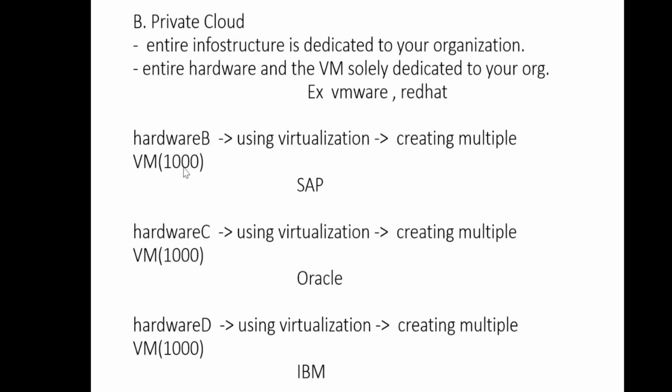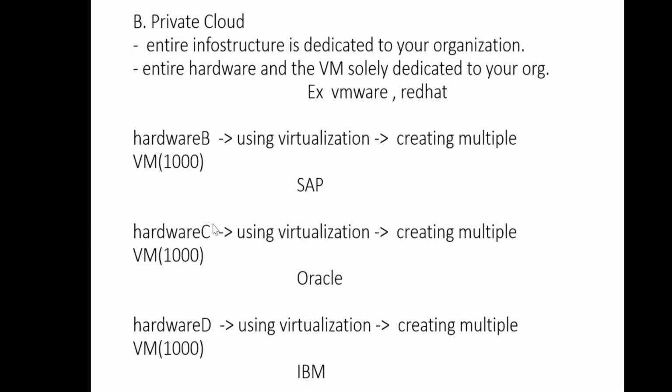So these VMs are dedicated to SAP. These VMs are dedicated to Oracle. These VMs are dedicated to IBM. That means the entire infrastructure is dedicated to an organization. Many VMs are there, and all the VMs are used by SAP only.